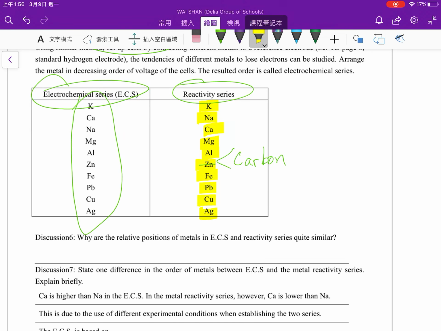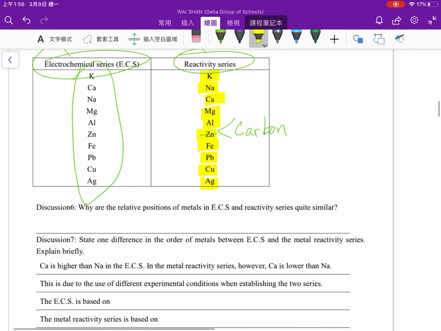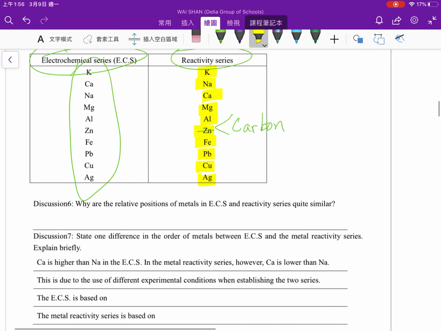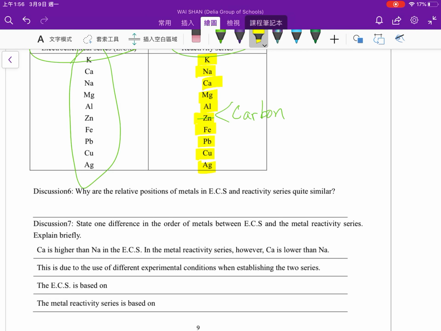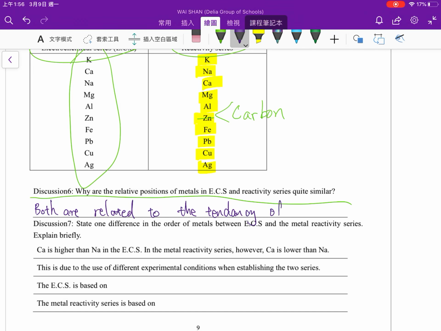Okay, and discussion 6: why are the position and ranking of metals in E.C.S. and the reactivity series very similar to each other? Because both are related to the tendency of losing electrons.